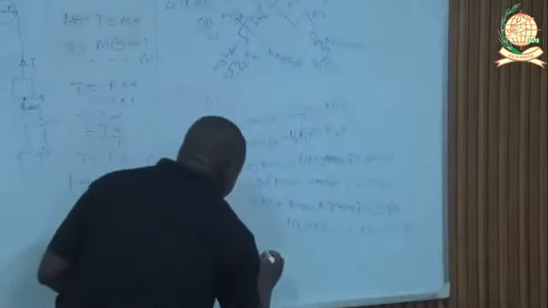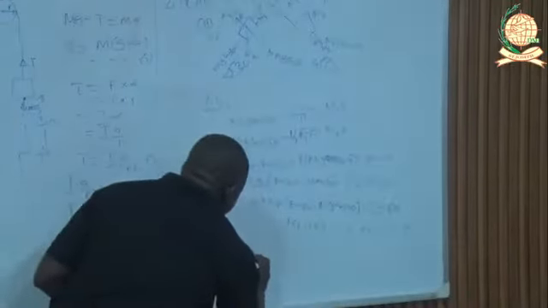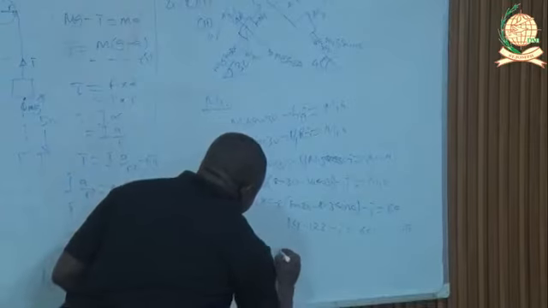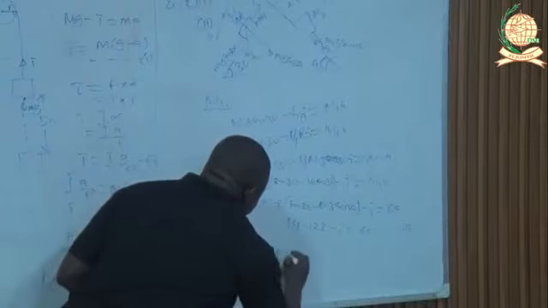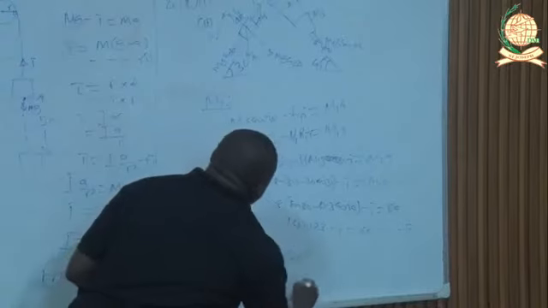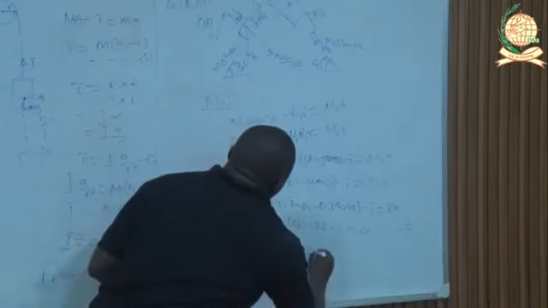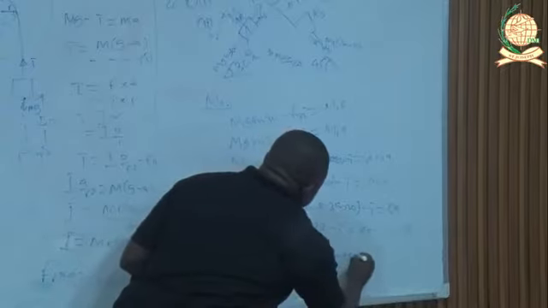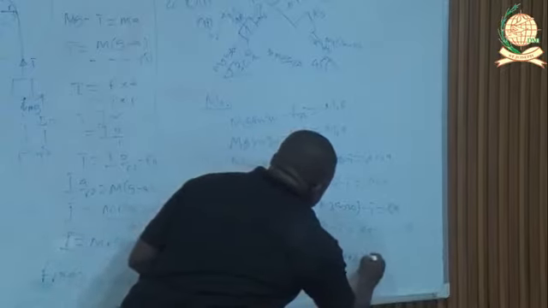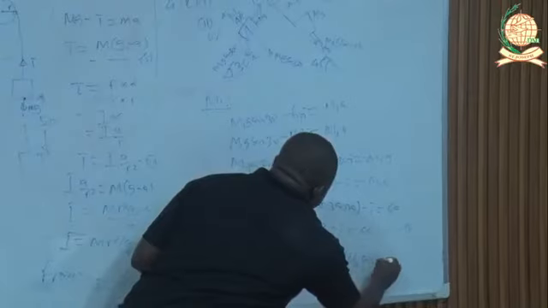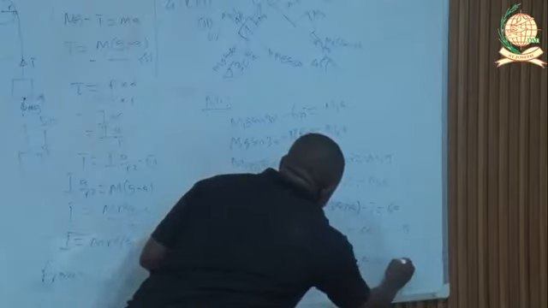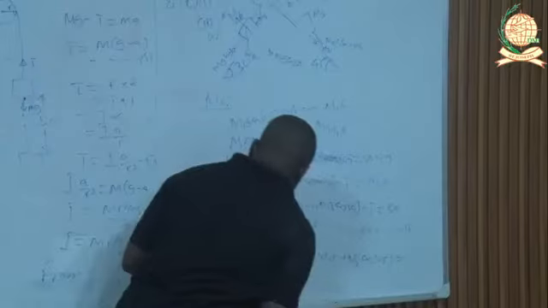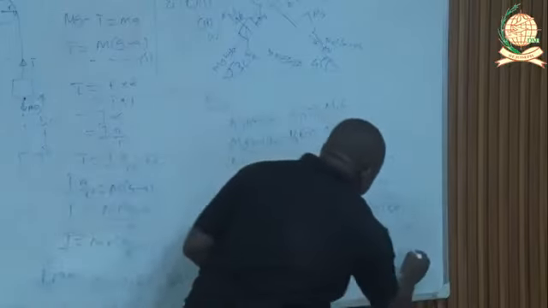So for this mass 2, tension minus M2G bracket, that is sine of 45 plus mu2 cosine of 45 equals to M2A.